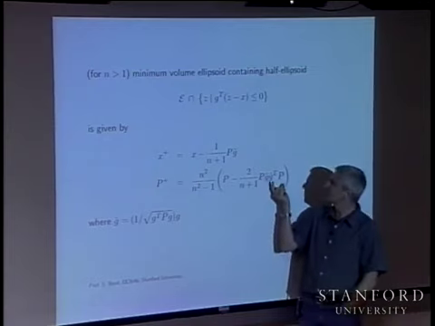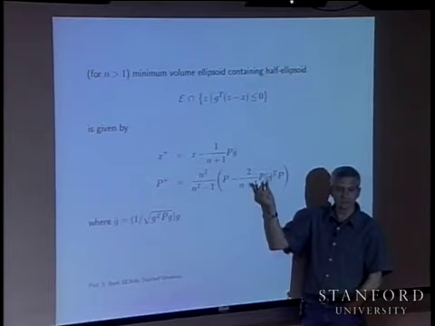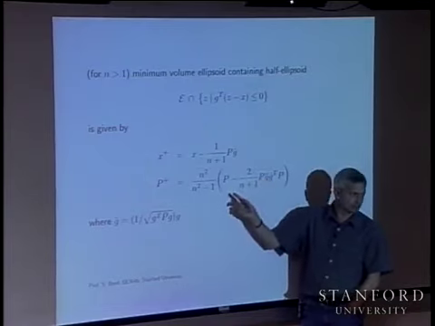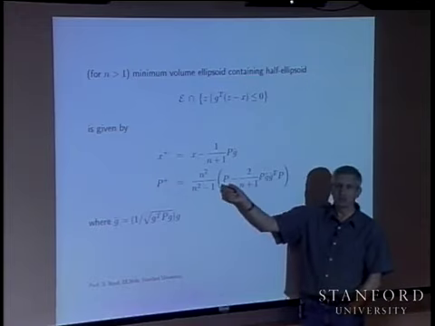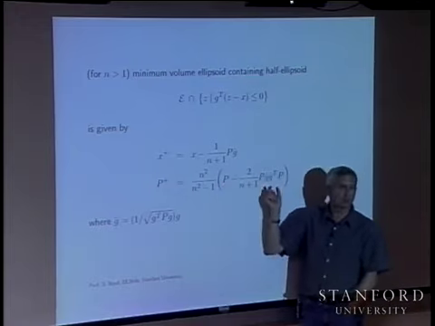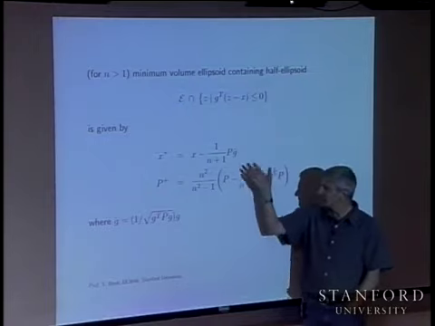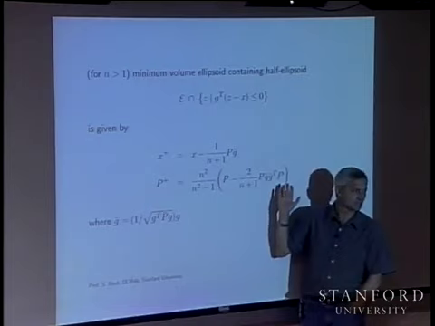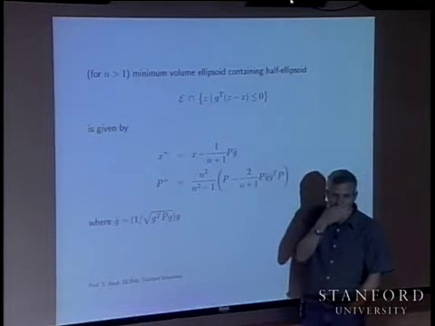Rank 1. It's an outer product, PG times its transpose, with a constant in front. This is a rank 1 downdate: you take a positive definite matrix and subtract a rank 1 thing, and the result is, again, positive definite.